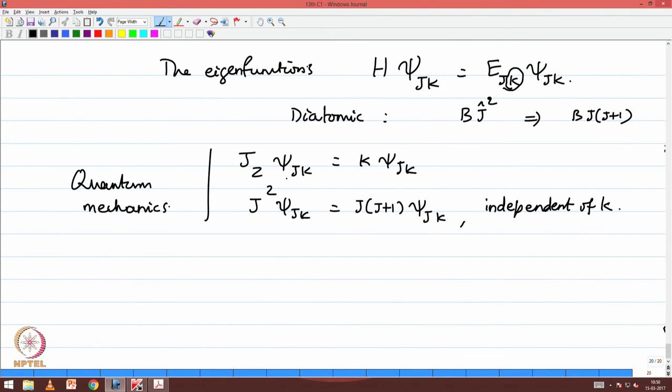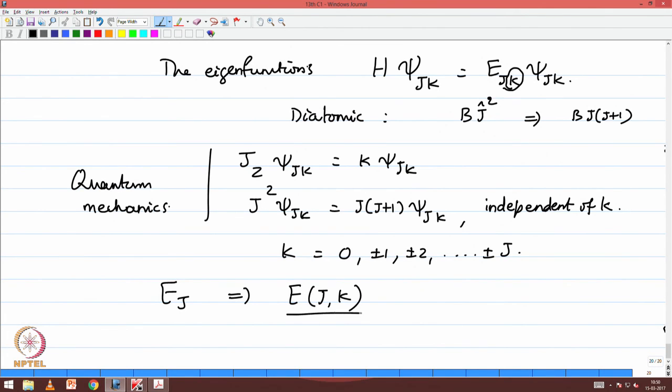Therefore, you can see that K taking on the values 0, plus minus 1, plus minus 2, all the way up to plus minus J, ensures that the energy E_J is no longer the same for all the 2J plus 1 K values, but the energy E_J will now be specified by J with the K. And this energy for K equal to 0 is non-degenerate.